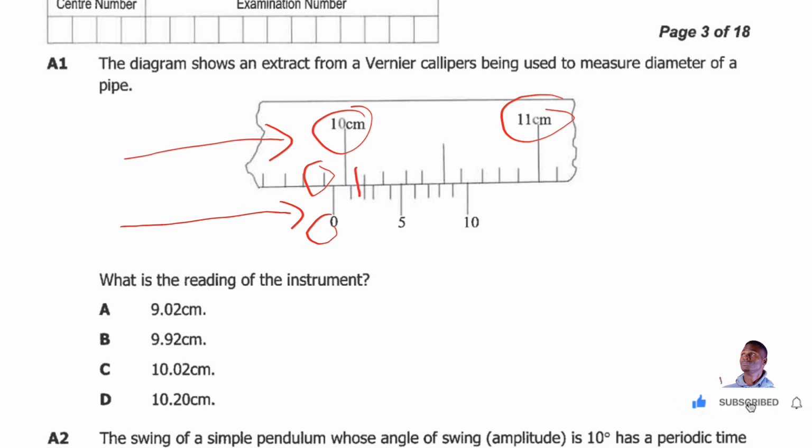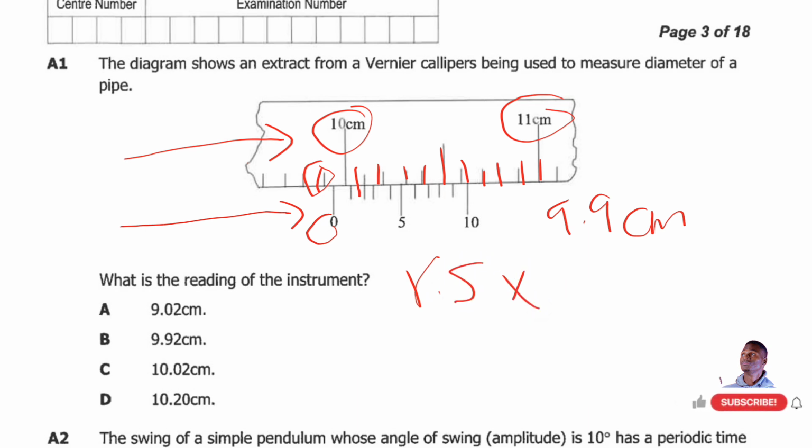This is 10.1, 10.2, 10.3, 10.4, 10.5, 10.6, 10.7, 10.8, 10.9, 11. So this one here automatically is 9.9 centimeters on the main scale.